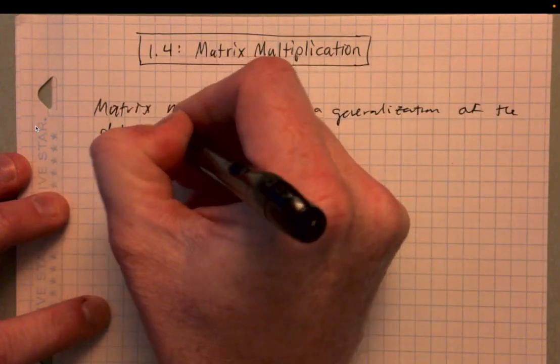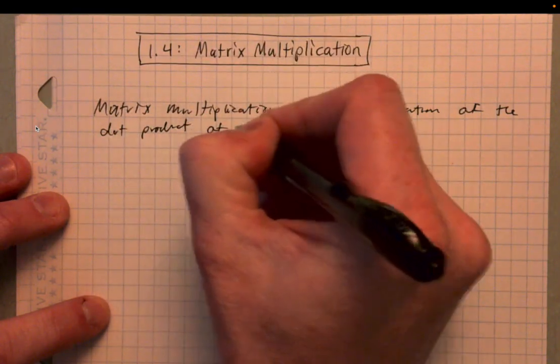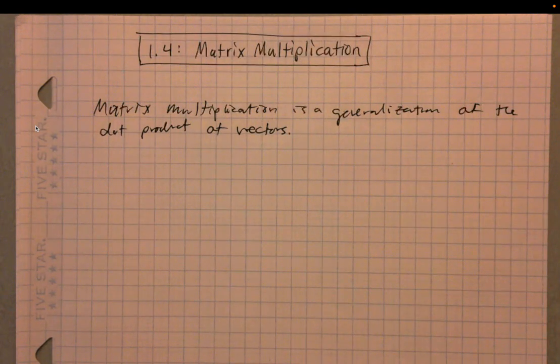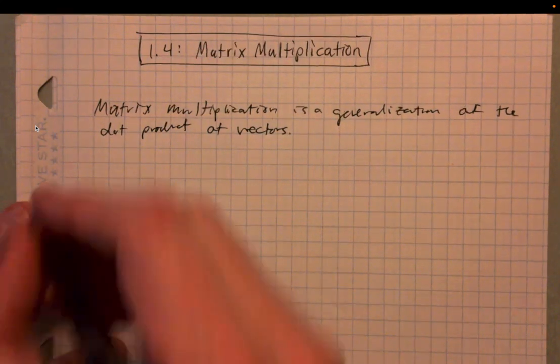Okay, and so the way we multiply two matrices together is going to have a lot in common with the dot product. Matrix multiplication is going to depend on the size of the two matrices having a certain symmetry as well.